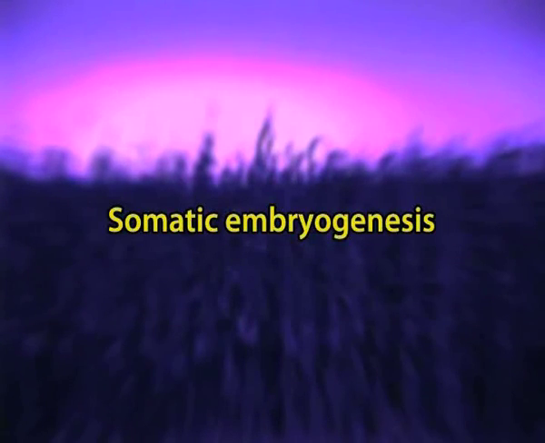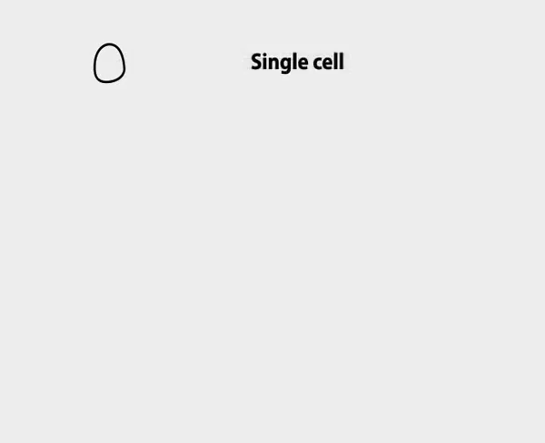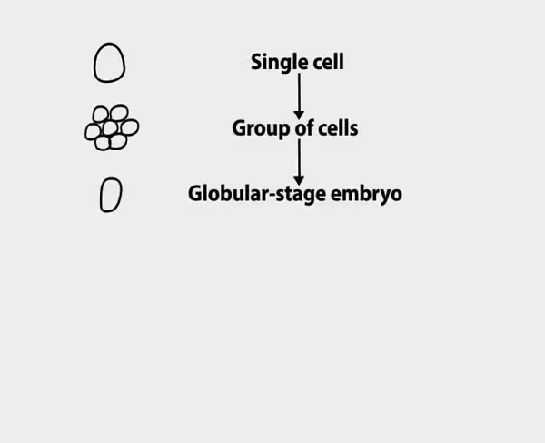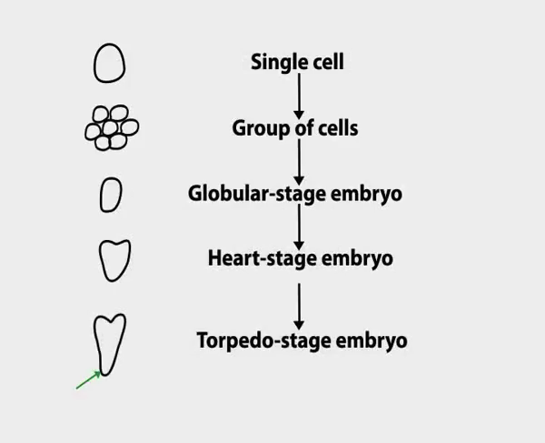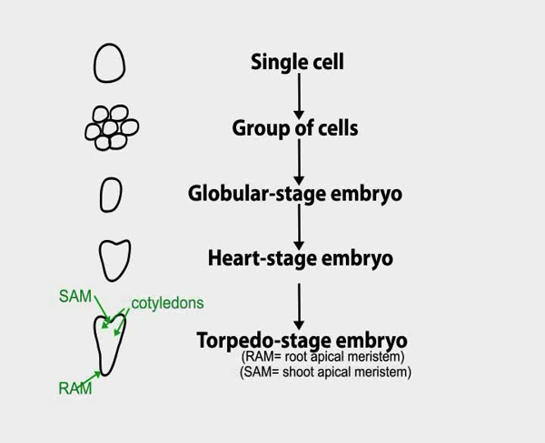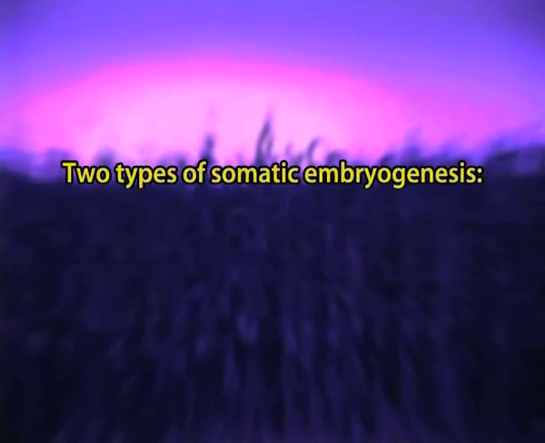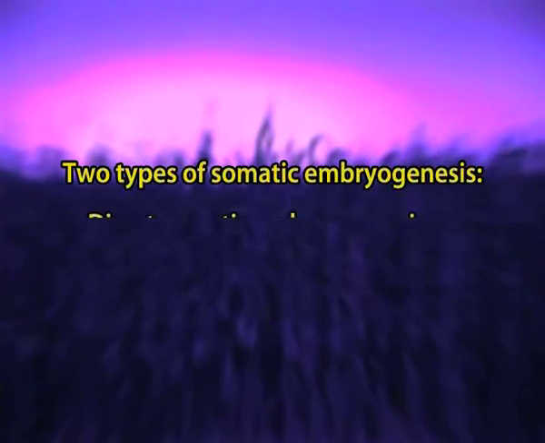Now let us discuss somatic embryogenesis. In somatic embryogenesis, embryo-like structures that are formed from somatic tissue develop into new plants. There are two types of somatic embryogenesis.